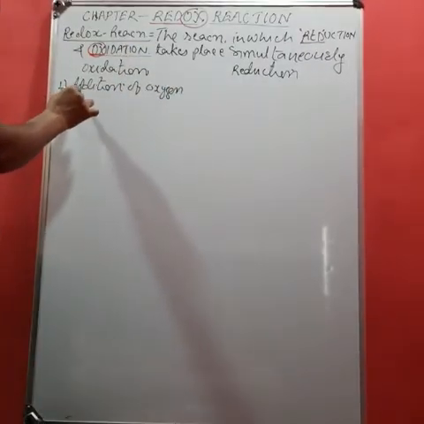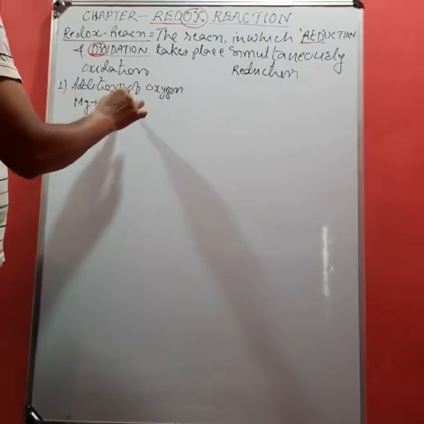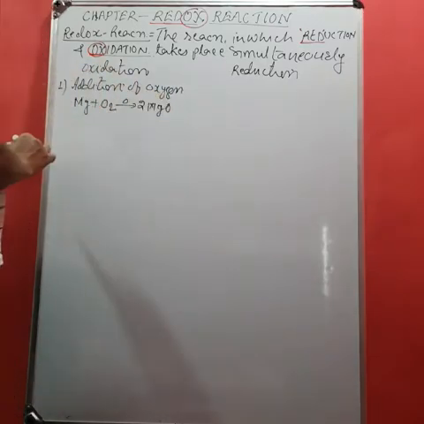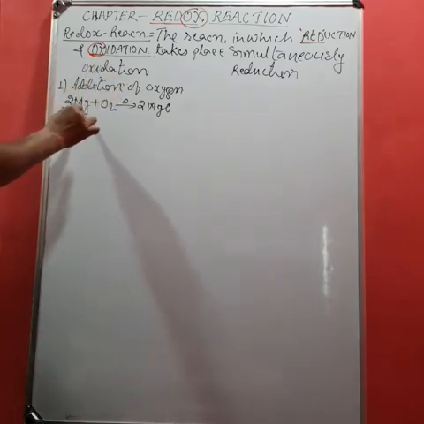Like here, when magnesium reacts with oxygen, on heating it converts into 2MgO. Getting? Right here, 2Mg. So what we can say? We can say that Mg is oxidized.